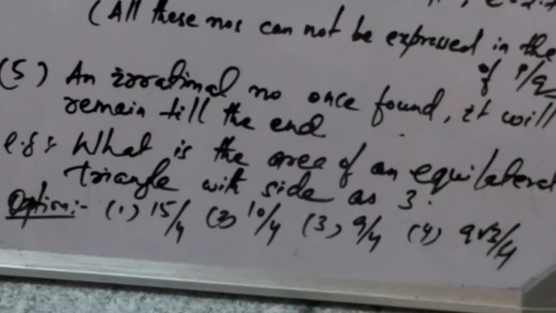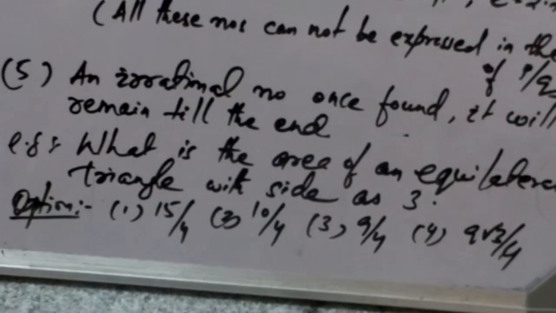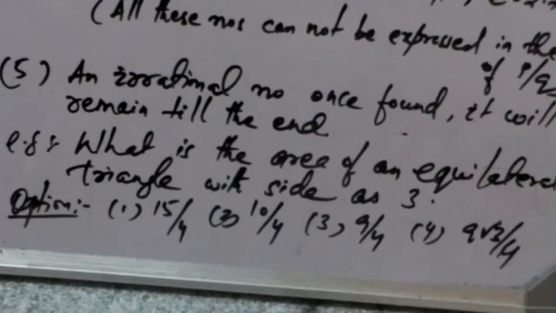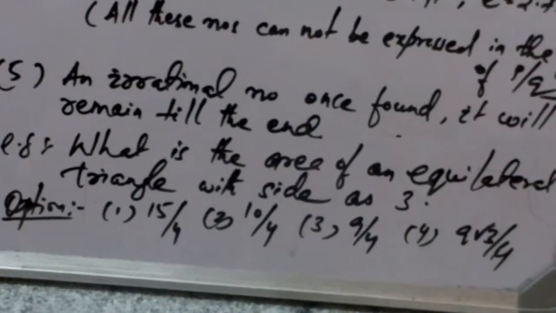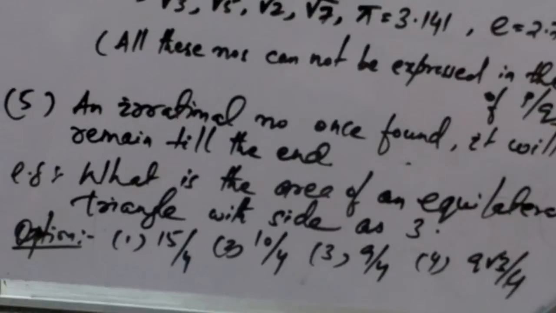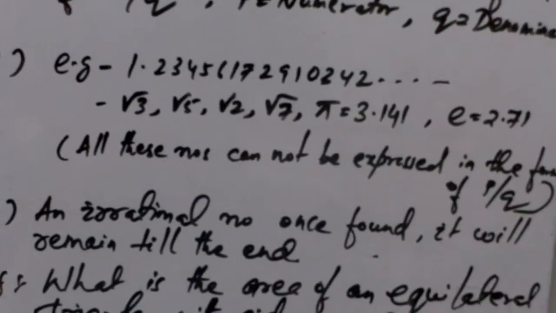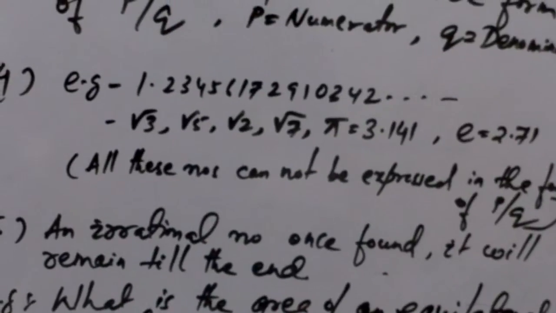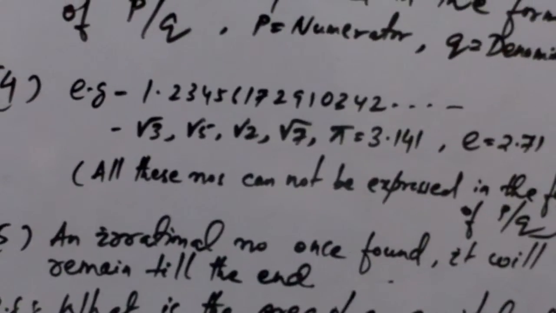Out of these 4 options, only the fourth option has root 3 in the output. Hence I should take 9 root 3 by 4 as my answer. That is what is mentioned in the 5th point: an irrational number once found will remain till the end of the solution.